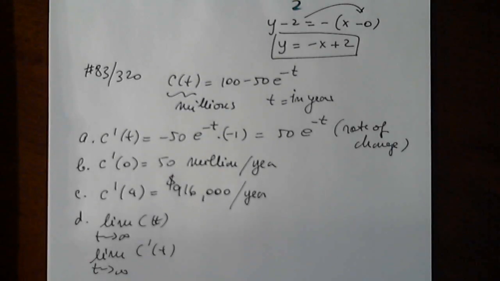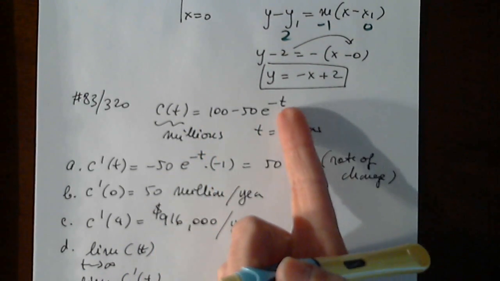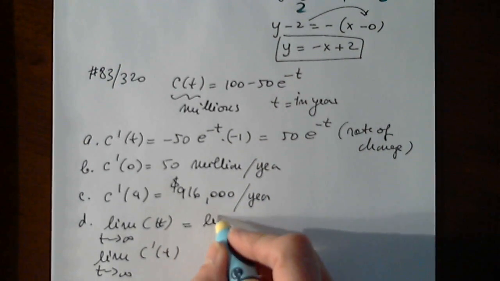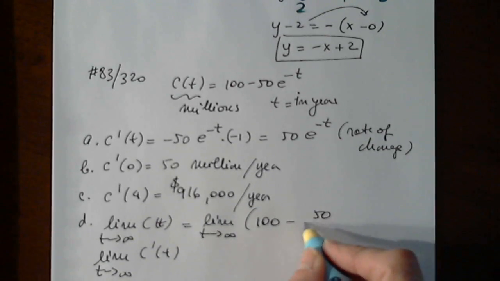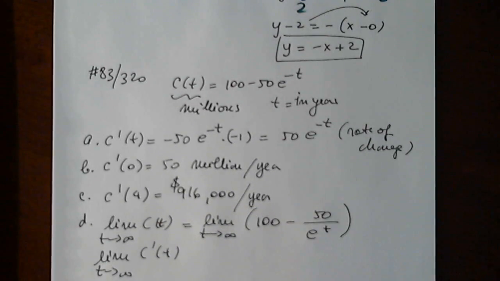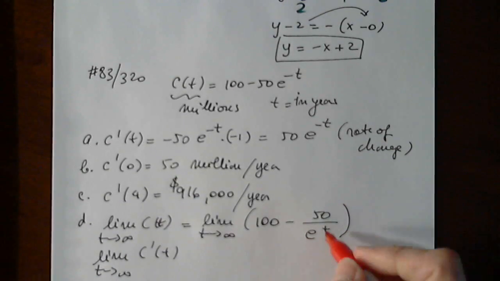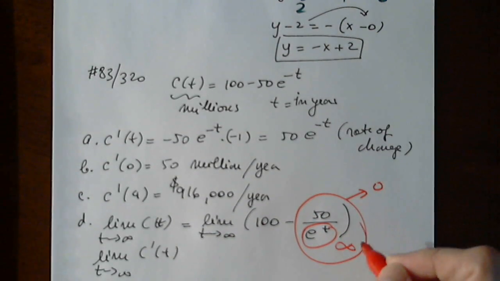Okay, so let's look at c of t. Let me write it so we can see it. This is 100 minus 50 divided by e to t. As t approaches infinity like before, the denominator will approach infinity. However, this fraction will approach 0.